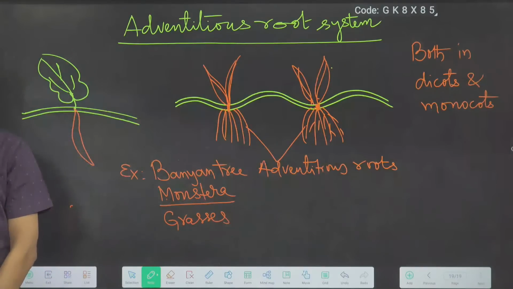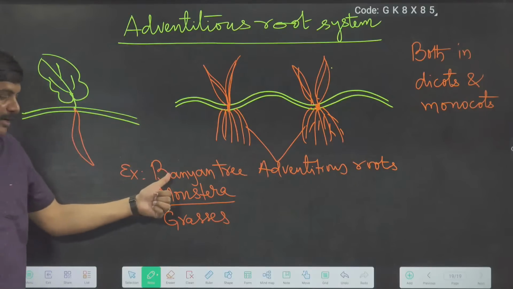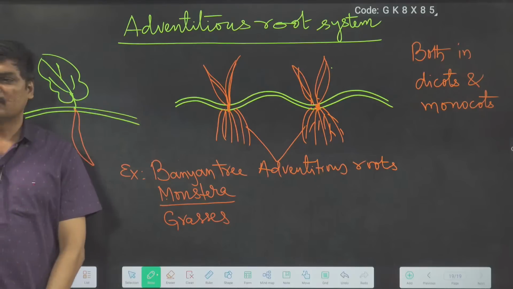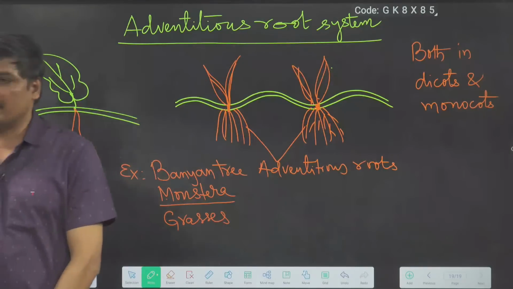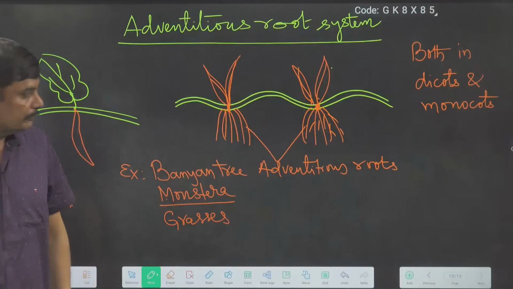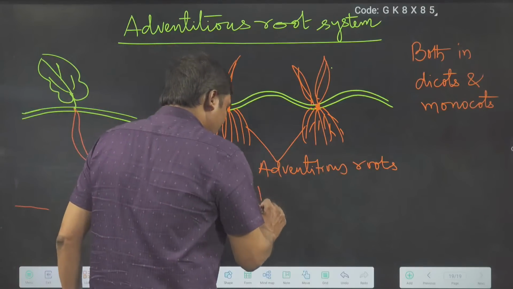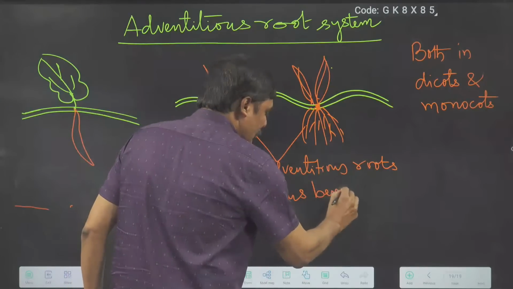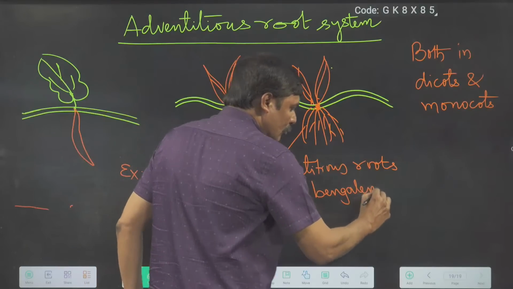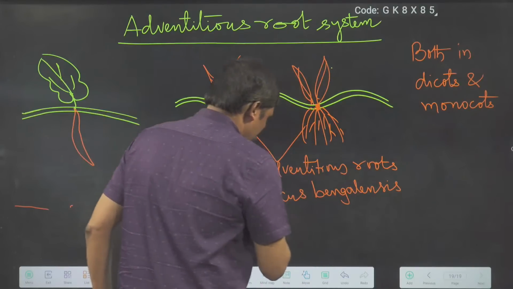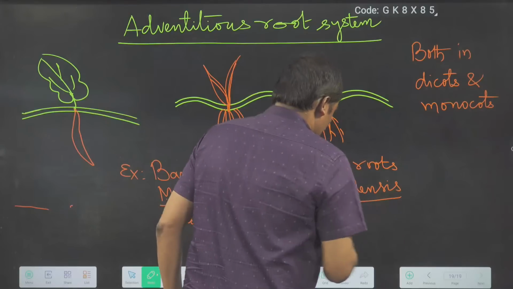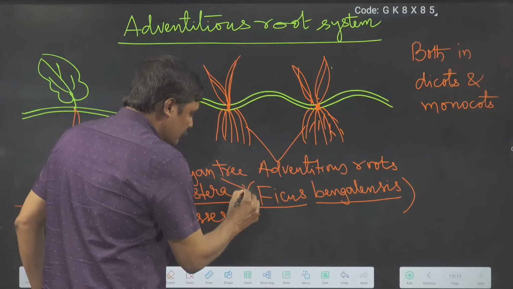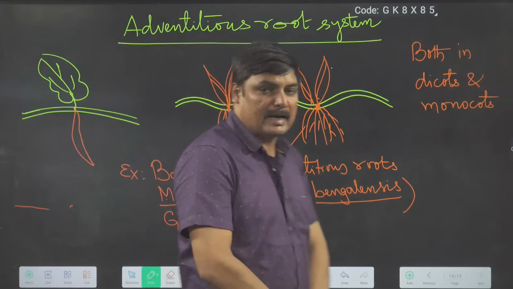Example of adventitious roots, banyan tree. What is the botanical name of banyan tree? I told you already. What is the botanical name of banyan tree? Ficus bengalensis. This is the botanical name of banyan tree, Ficus bengalensis.